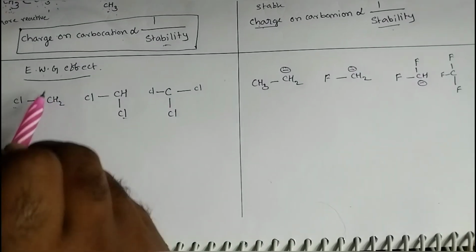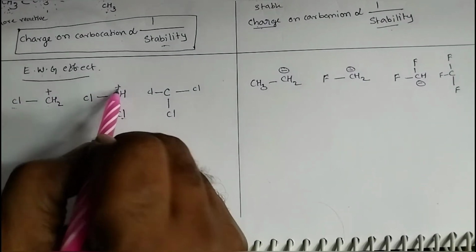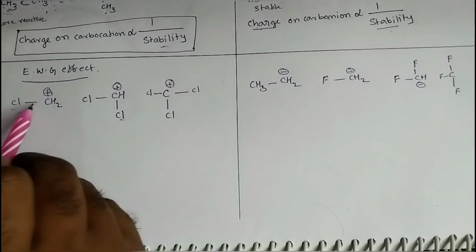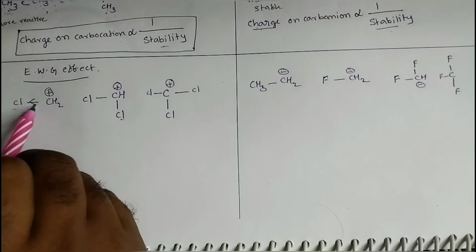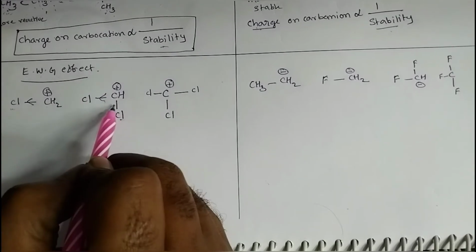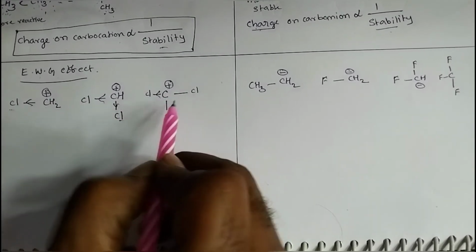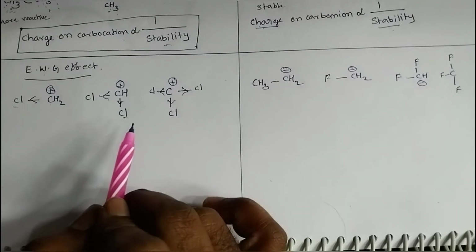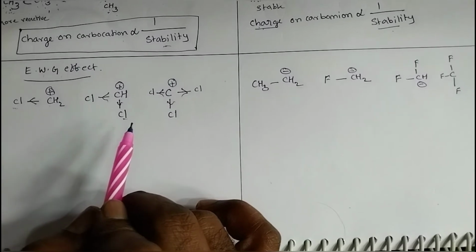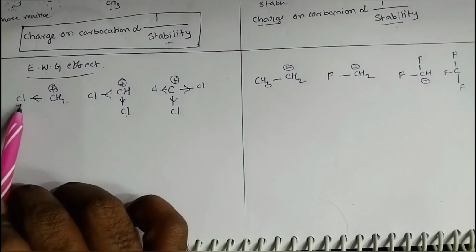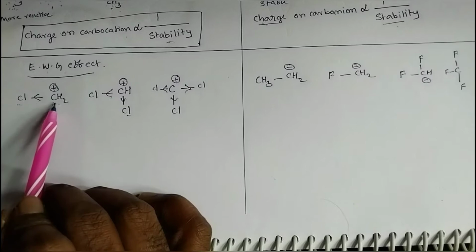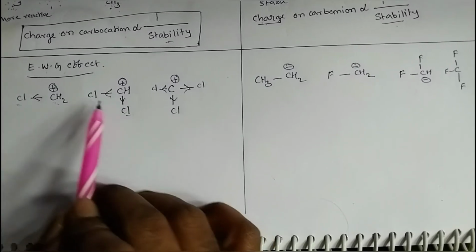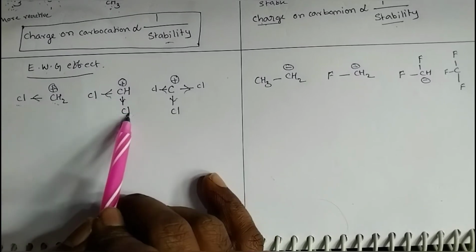This is a carbocation, this is also a carbocation. The electron withdrawing groups withdraw the electron here, and here, and here. Now observe in which cases there is more positive charge. Here only one withdrawing group is there, so one time it withdraws the electron and one positive charge develops. Here two chlorine atoms are there, so two positive charges develop.